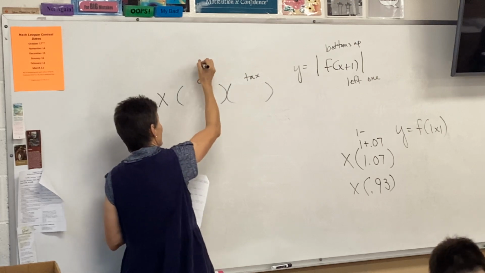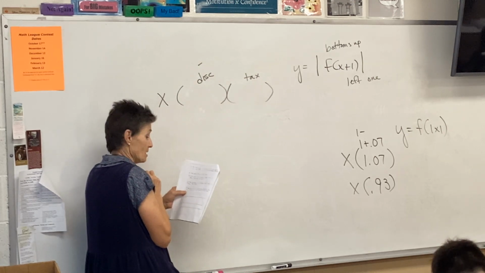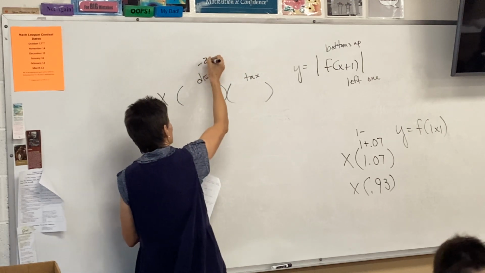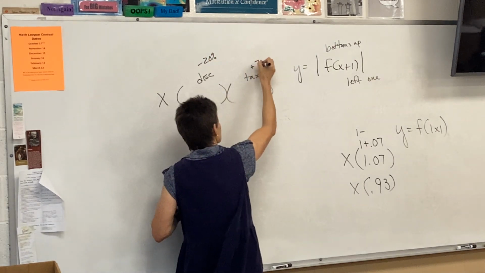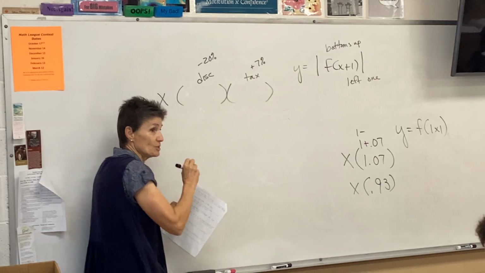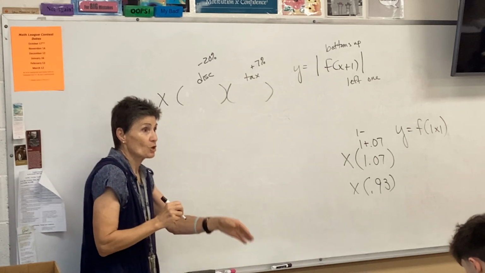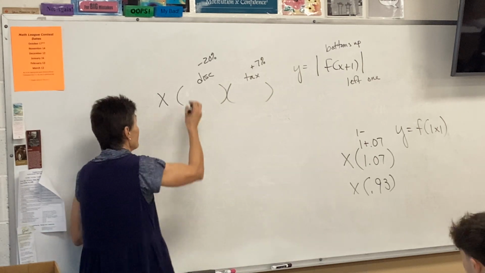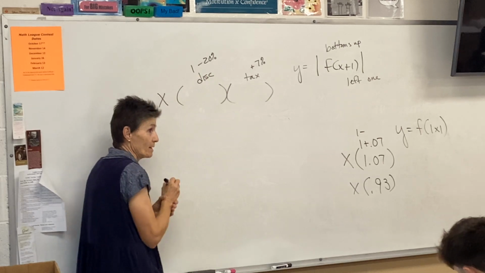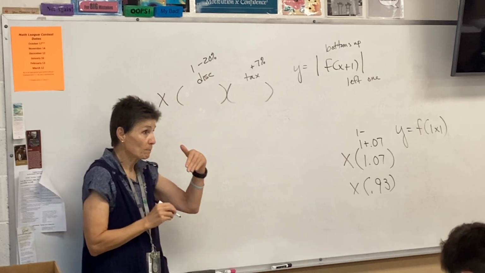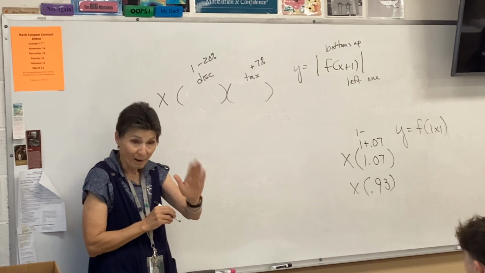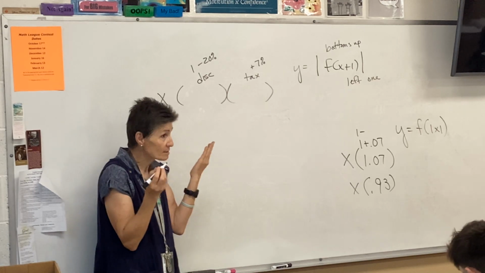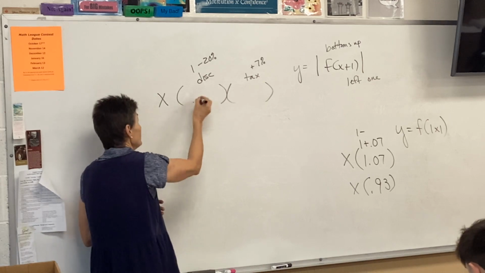Now, discounts are minuses, so we're going to subtract 20%, and we're going to add 7%. Does that make sense to you? So when I multiply, it's going to be 1 minus 20%. So 20% is 0.20. 1 minus 0.20 is 0.80.